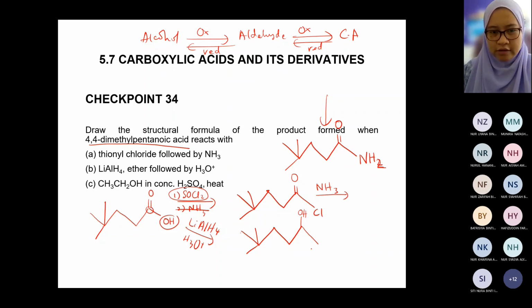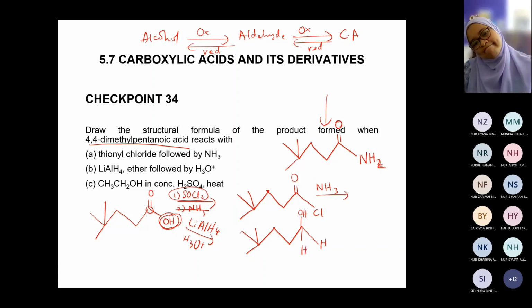Okay. This one, the OH that is already OH, we kick out the oxygen. So it's hydrogen. And then add another hydrogen, guys. Okay, you add in another hydrogen.